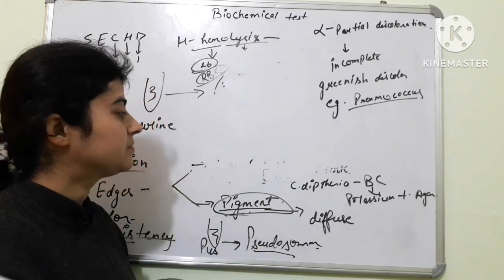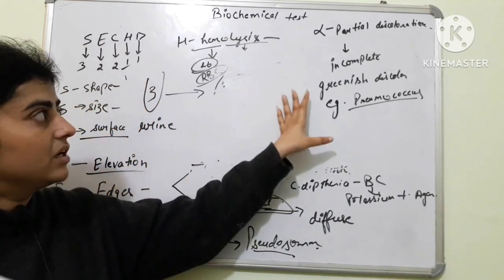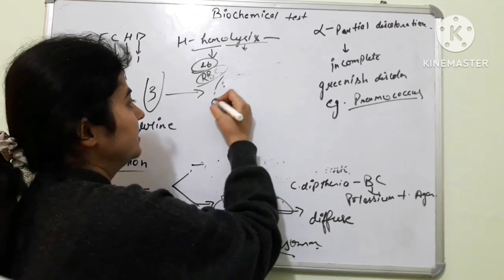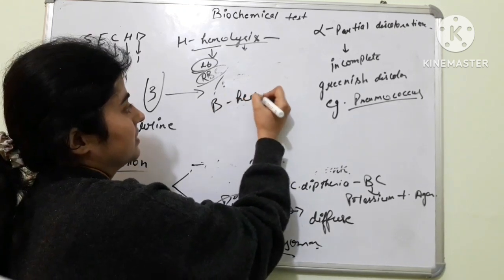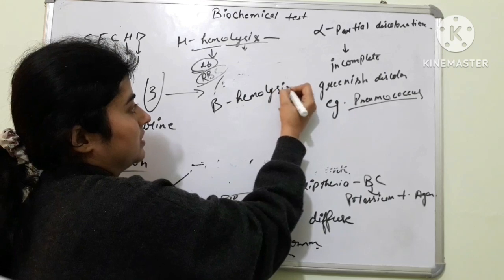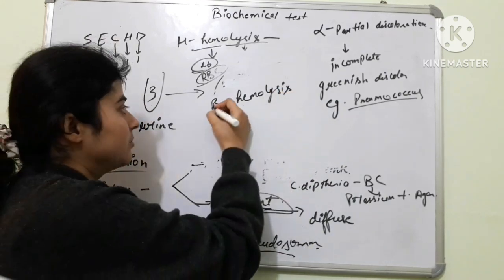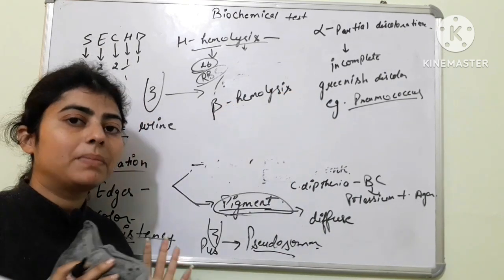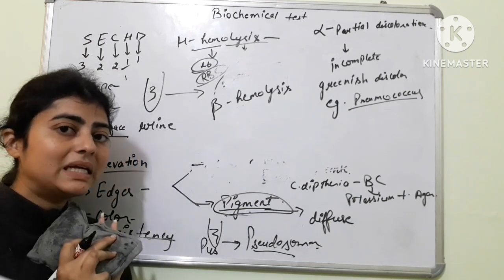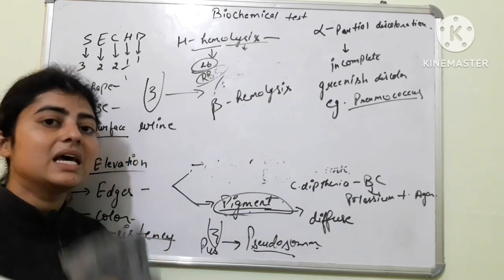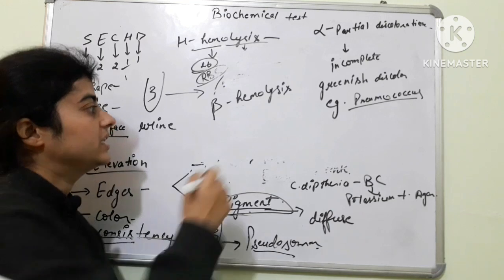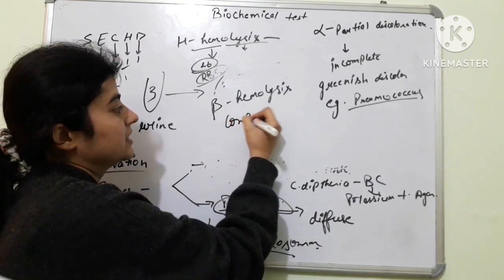Next we have beta hemolysis. In beta hemolysis there is complete discoloration, a complete clearing of RBCs near the colony.